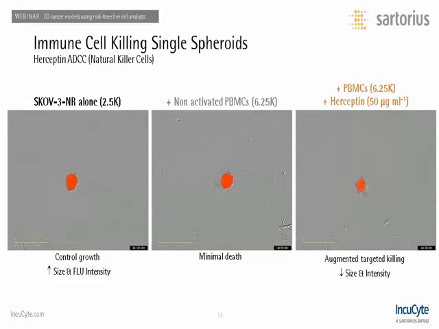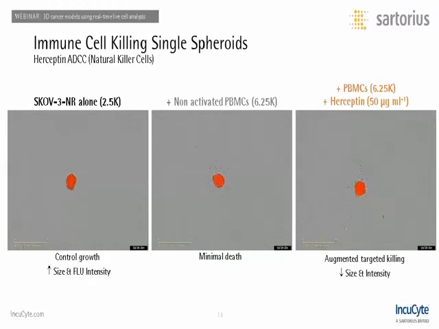The middle video shows that there is minimal death, i.e. minimal loss of fluorescent signal occurring in this spheroid upon inclusion of non-activated PBMCs. Interesting to note how the PBMCs initially surround the spheroid but then appear to retract and continue to move somewhat randomly around the spheroid.